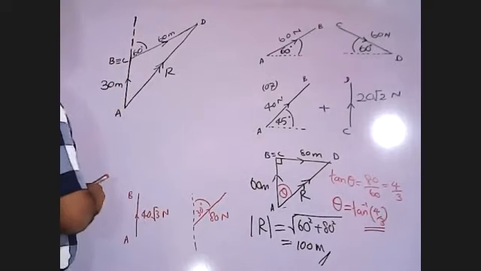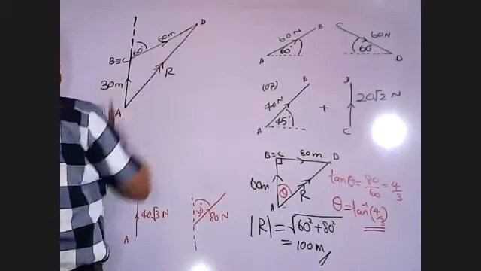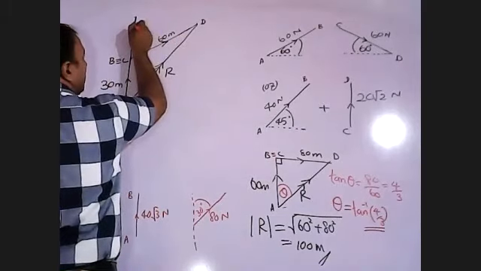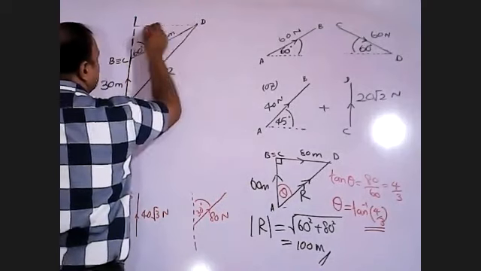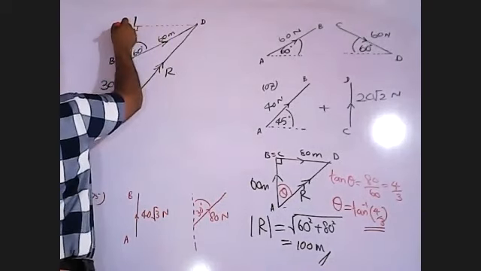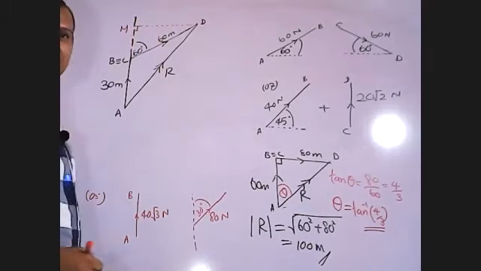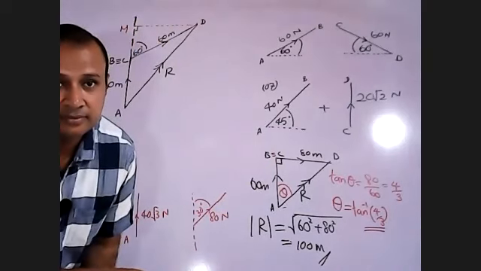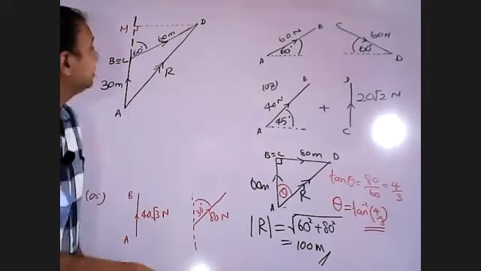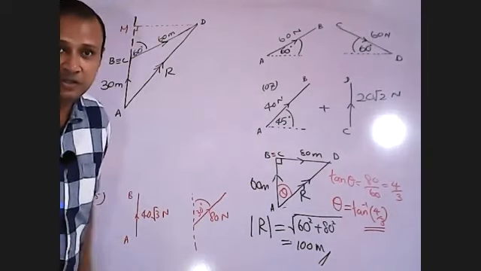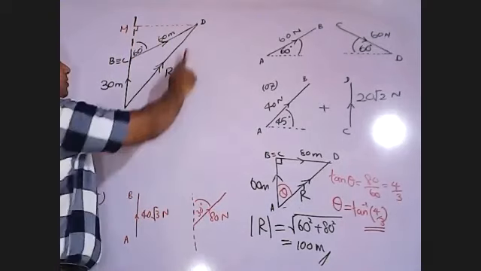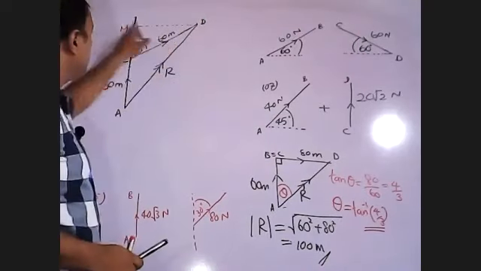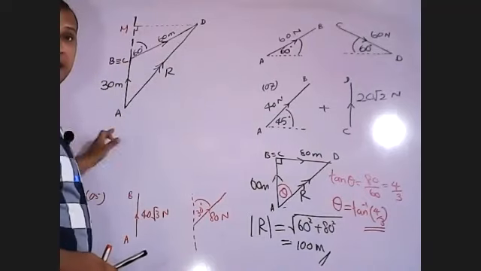I will draw a perpendicular from D to the AB line. Suppose this point is M.